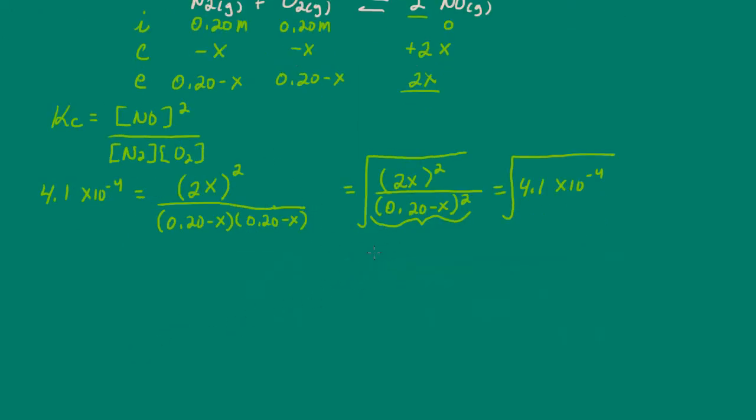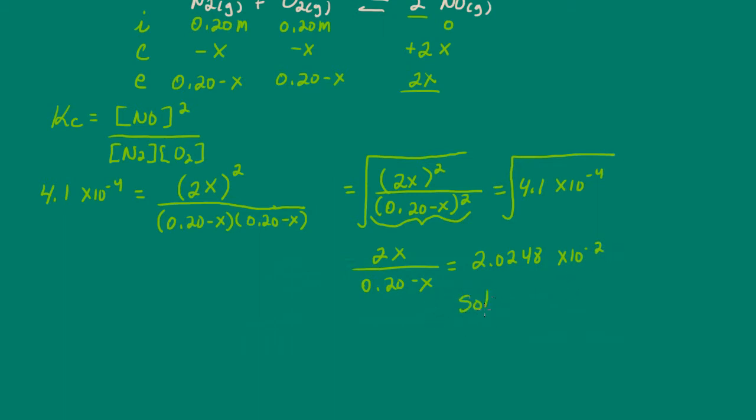And this is nice because this simplifies this expression to 2x over 0.2 minus x is equal to the square root of 4.1 times 10 to the negative 4, which is 2.02. I'm going to retain some extra digits here to eliminate the rounding error, times 10 to the negative 2.